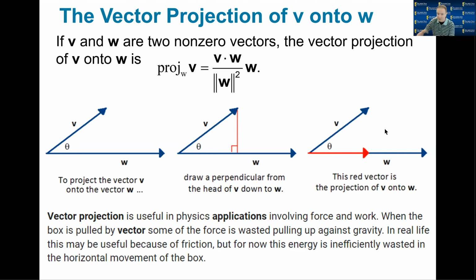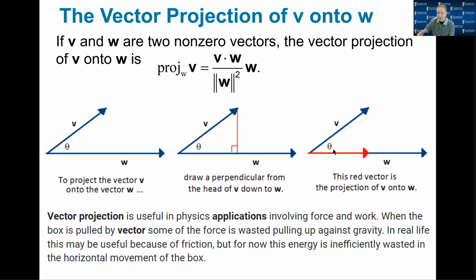If I pulled v down here to w, it would be longer than that, but if you take the very tip end of v, pull it down, that's going to be the resultant vector on w. That's also going to be your force vector in that direction of w that we have from pulling v at an angle of theta. Now keep in mind, the greater that angle theta is, the less that projection of v onto w would be.